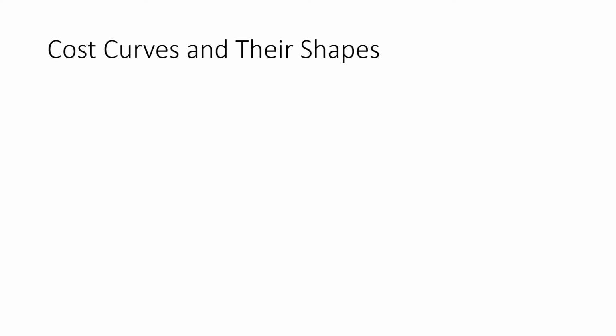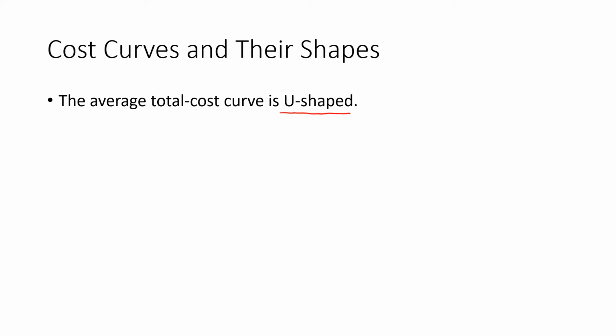Then we need to understand the shape of the average total cost. The average total cost curve is U-shaped. Why is that so? Again, it has two reasons.